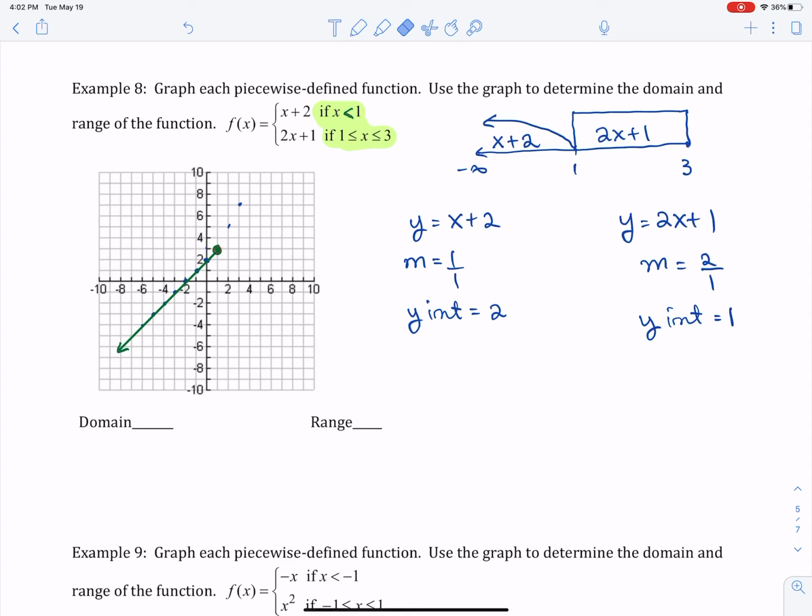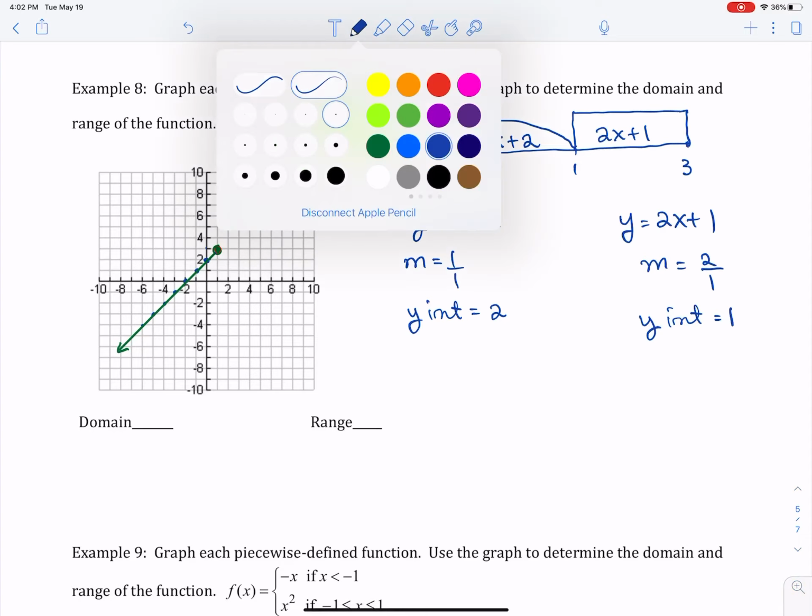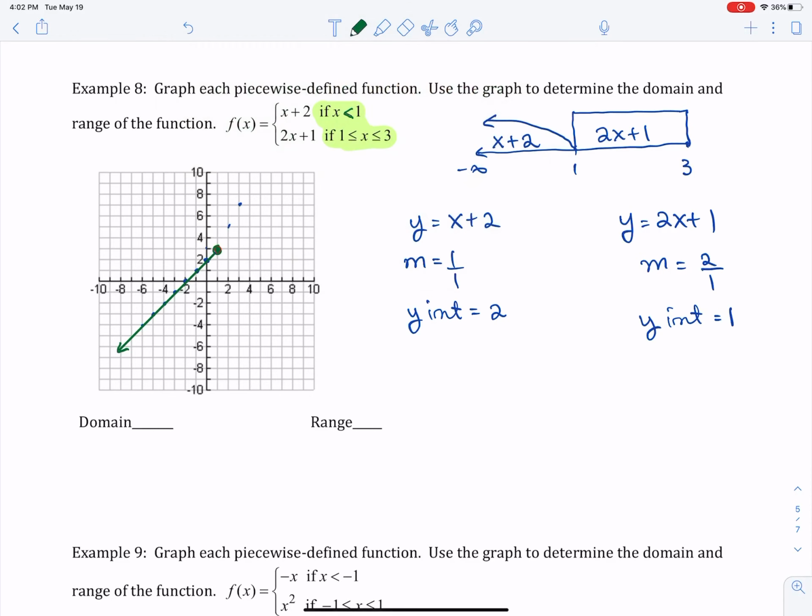My graph goes up to 3, so I'm gonna have to stop at 3. Like that. And I used a full circle showing that 3 is included in the picture.